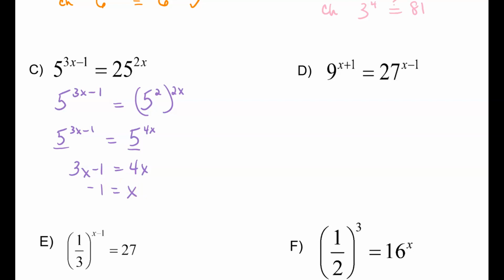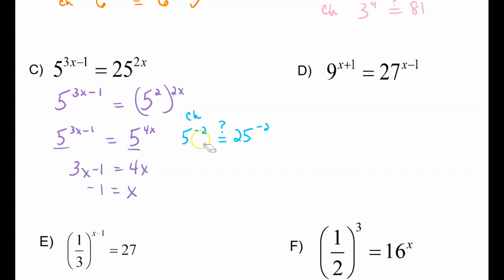And again, I'm going to just do a quick check here. This would be 5 to the 3 times negative 1 is negative 1 minus 1 is negative 2. And is that equal to, if I take 25 raised to the negative, well, I did something wrong, didn't I? Negative 3 minus 1 is what?